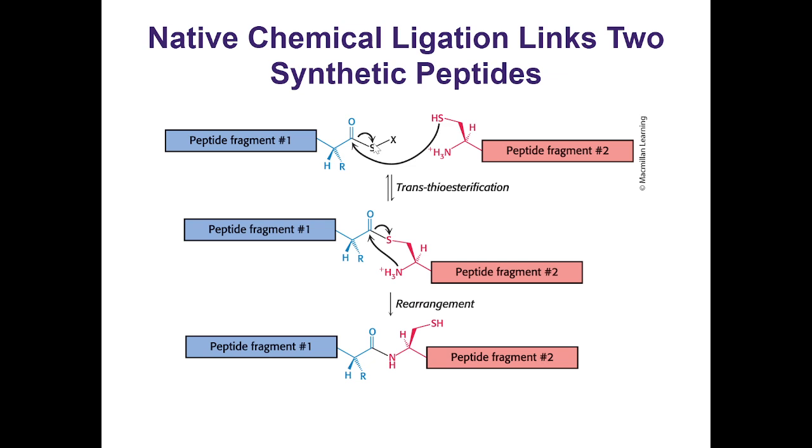Remember that sulfur is a pretty decent leaving group. We had seen similar reactions when we talked about sulfur towards the end of organic chemistry. And so this is that trans-thioesterification. Notice you have a thiol reaction, and esterification is this part right here. See that?